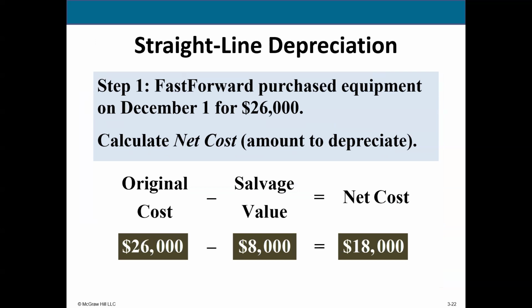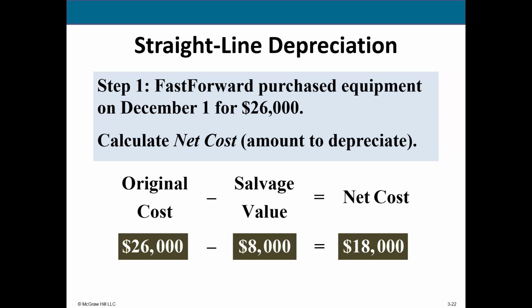So the first step, we identify the original cost, and then we subtract the salvage value or the scrap value. In this case, original cost 26,000 minus salvage value of 8,000, giving us a total depreciable cost of 18,000.